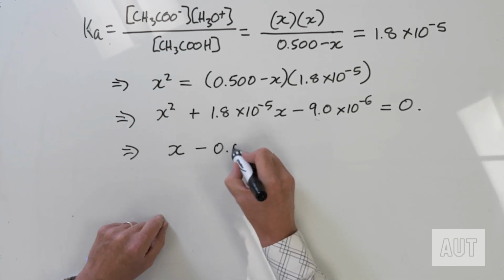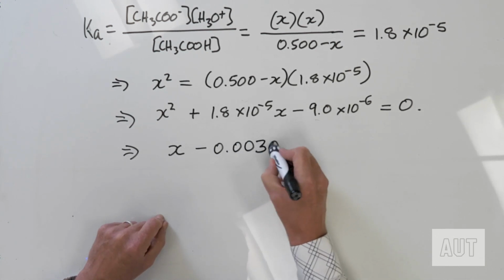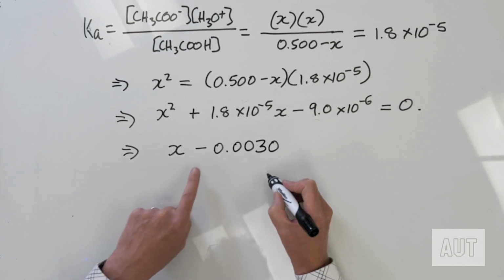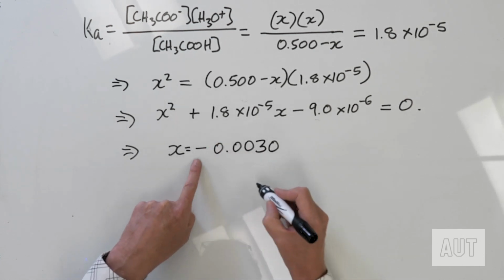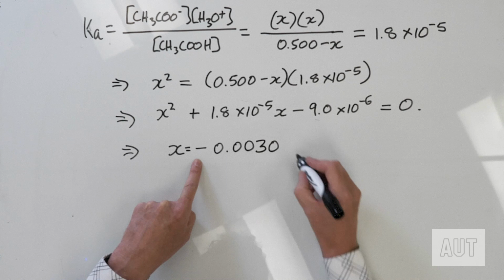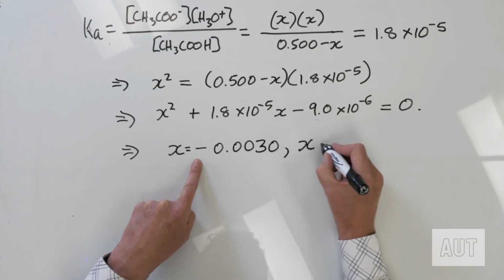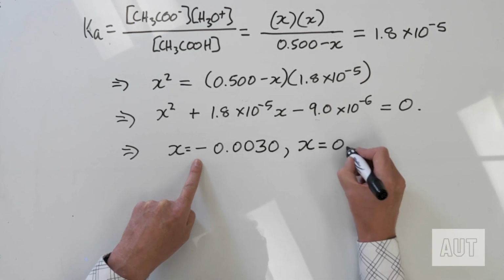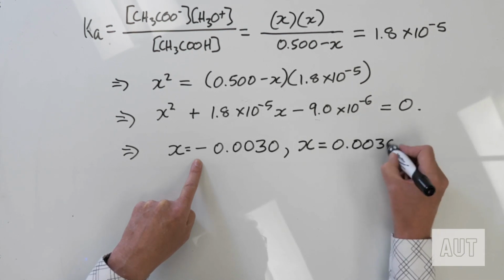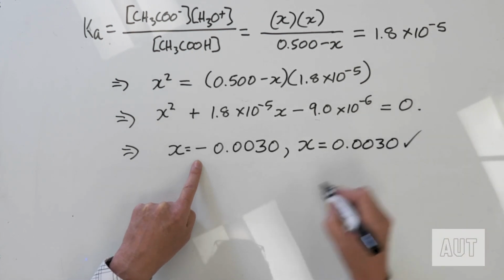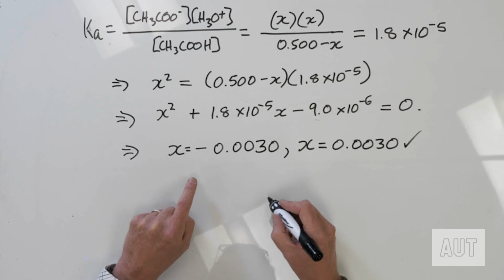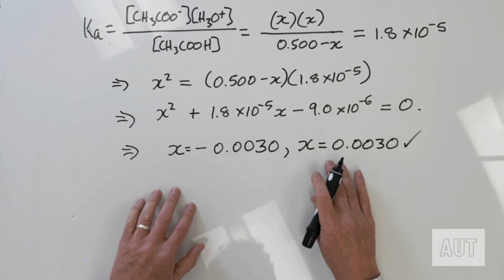x can be minus 0.003, and we know that that's not going to be happening because that'll give us a negative concentration. Or x can also be exactly plus 0.003. That's the one that we're going to be using. So if we go back to our concentration table, we said that x was the concentration of H₃O⁺ at equilibrium.